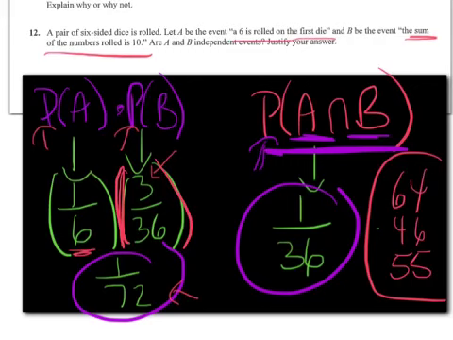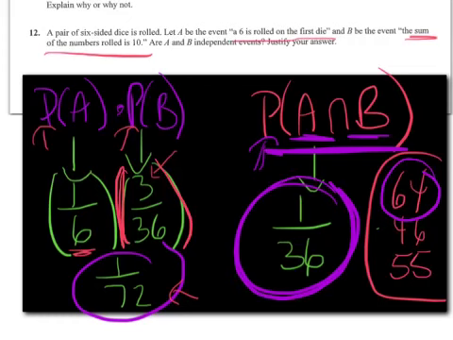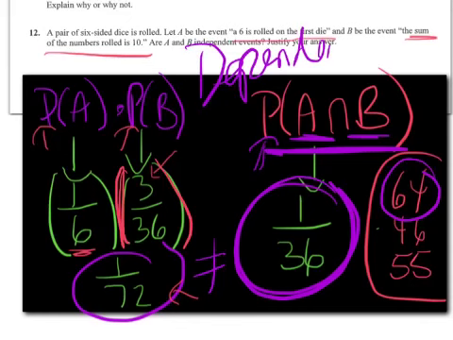Only 1 outcome works, and it's this. So the fraction is 1 out of 36. These 2 fractions do not equal, therefore these 2 events are considered dependent on each other. It means one does end up impacting the outcome of the other.